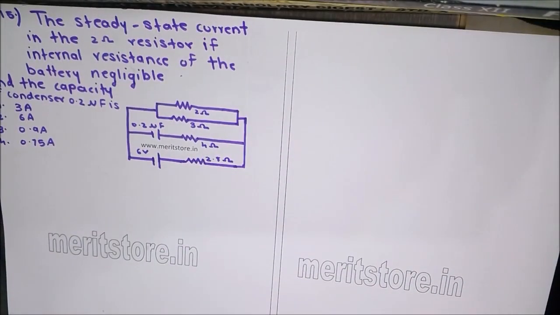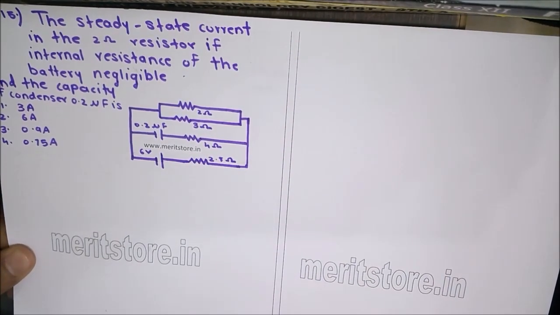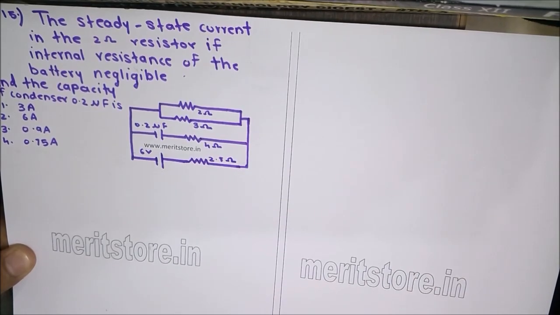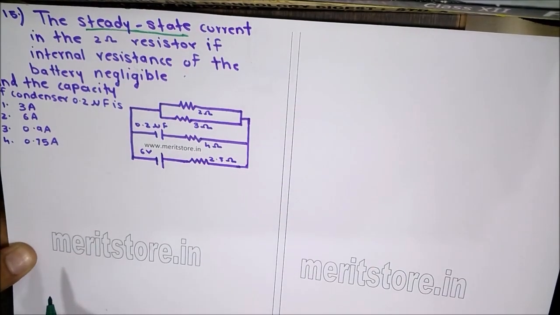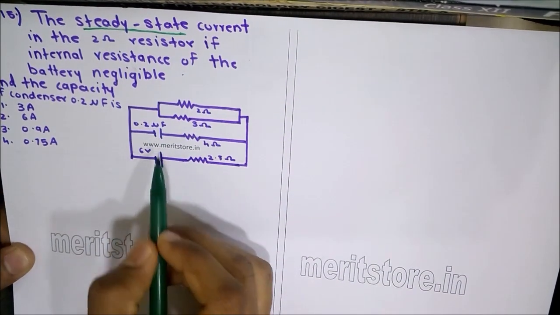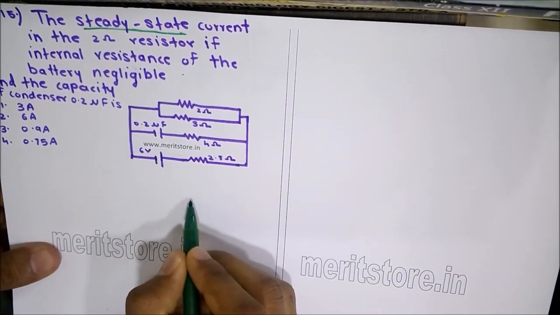The steady state current in the 2 ohm resistor, if the internal resistance of the battery is negligible and the capacity of the condenser is 0.2 microfarad, is, we've got 4 options: 3 amperes, 6 amperes, 0.9 amperes and 0.75 amperes. Now what we need to know here is that since the steady state current is being mentioned, the capacitor does not operate in steady state.